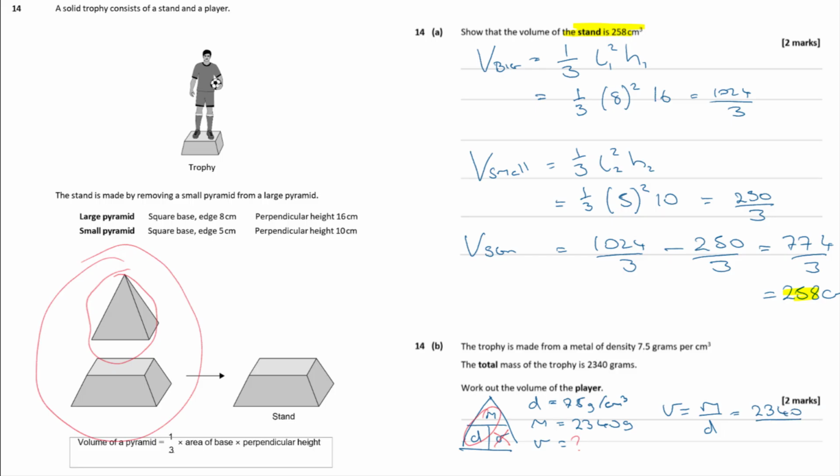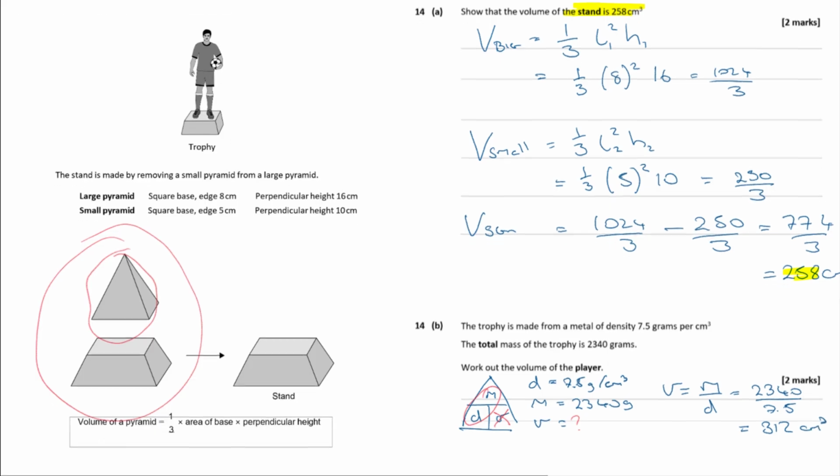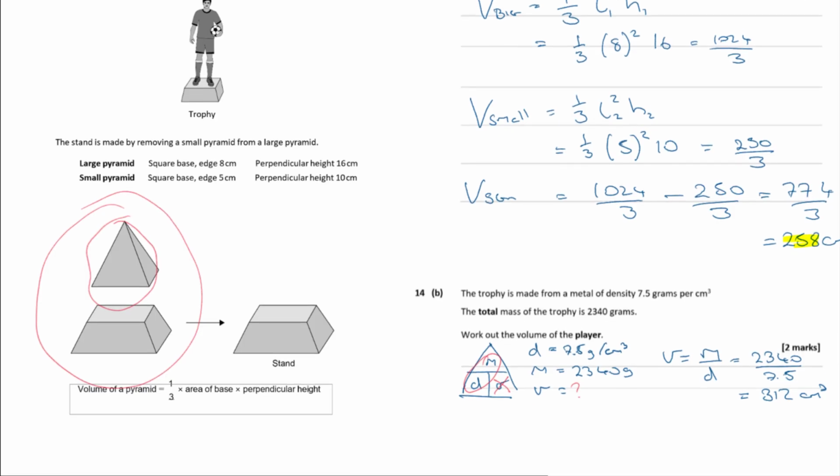So volume is mass over density, which is going to be 2340 over 7.5. Sorry, missed the point out there. 2340 divided by 7.5 gives me 312. So that's the volume of the whole thing, the guy on the base. And we already know that the base is 258.